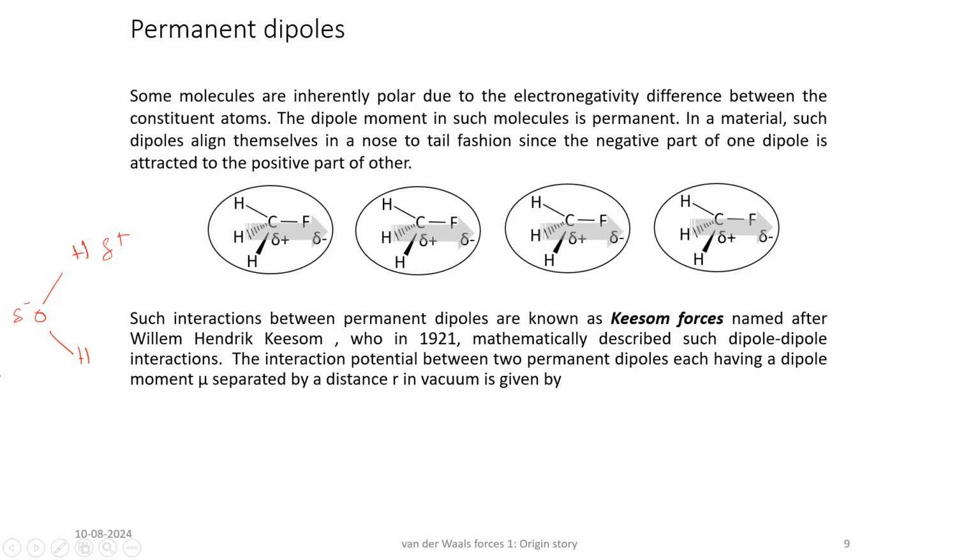Similarly, if we draw water molecules, the oxygen part is negative and the hydrogen part is positive. It will attract another water molecule where the hydrogen portion is on this side and the oxygen portion on that side. This interaction between two permanent dipoles leads to Keesom forces.